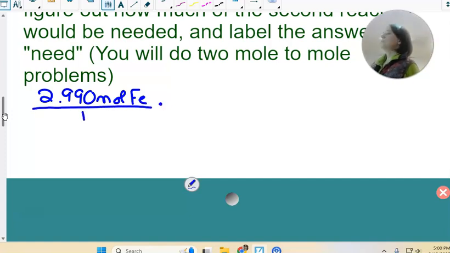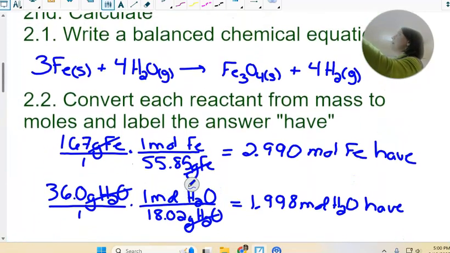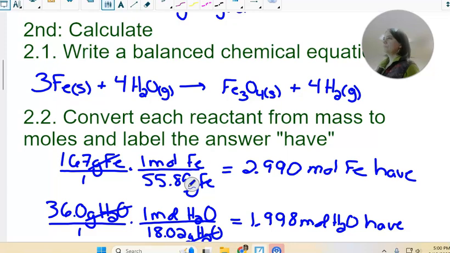And I'm going to see how much, so it's a mole to mole conversion. To do a mole to mole conversion, I have to look at the balanced chemical equation. So let's look up at it.